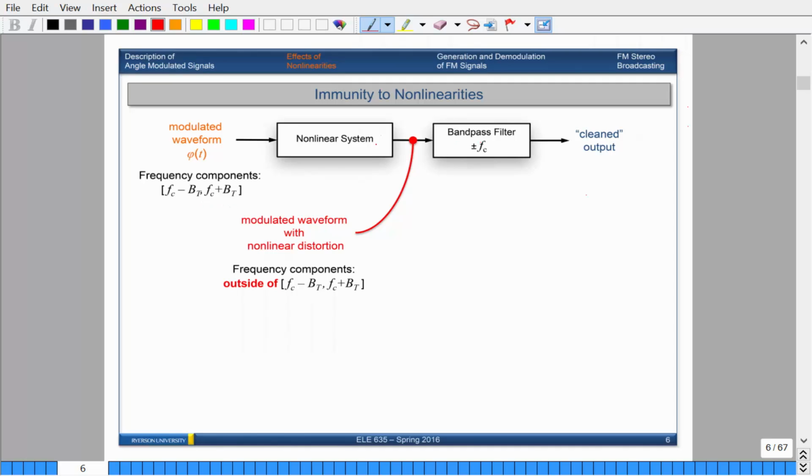So with this nonlinear system, you're going to start adding components outside of this particular range. You can add a bandpass filter to get rid of those and just keep whatever you want. That would be the cleaned output.